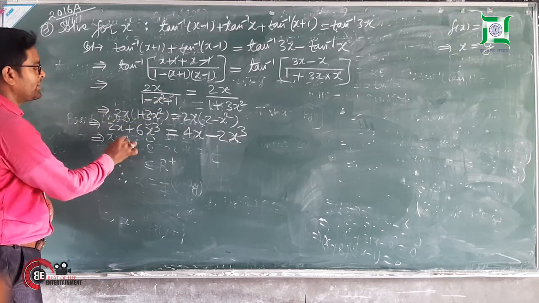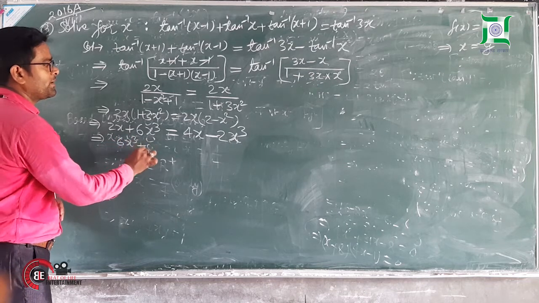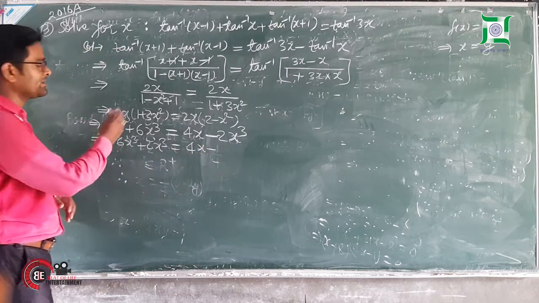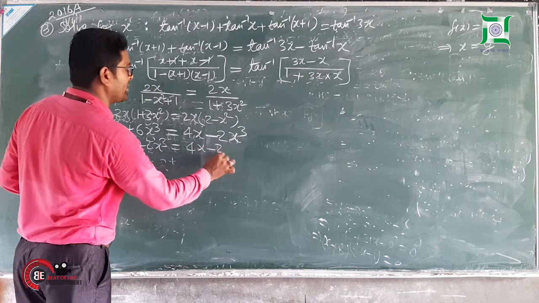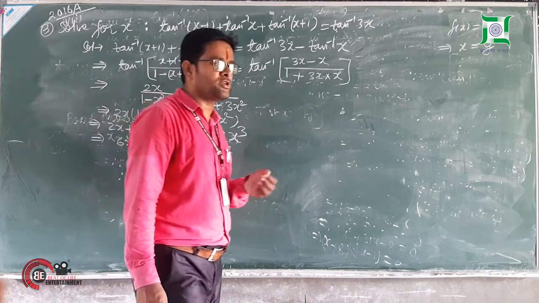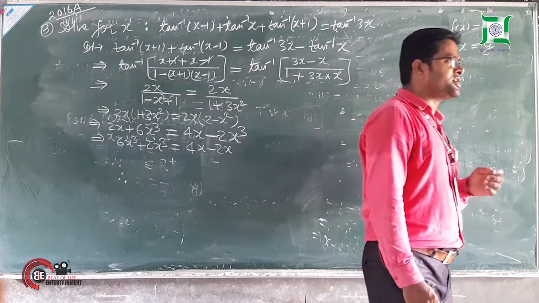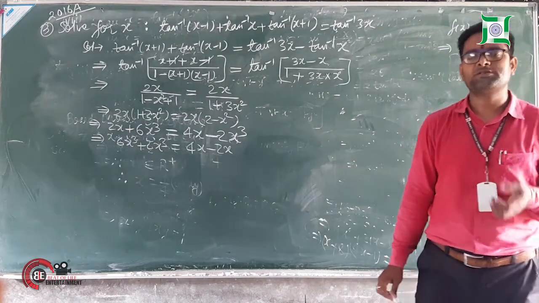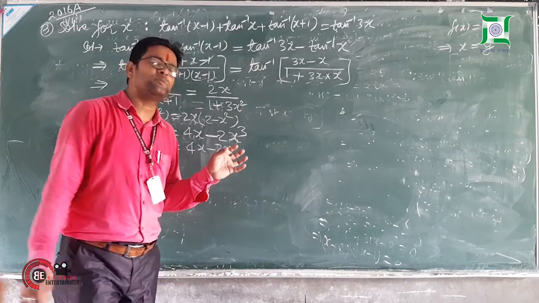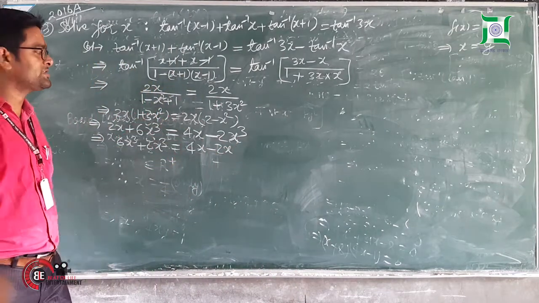Let us bring the cubes together and x together. It will be 6x cube plus 2x cube is equal to 4x, and bring this 2x that side, it will be minus 2x. This method is known as transposition. You must have studied it in your junior classes. Changing the signs of the terms is known as transposition, transferring the terms from LHS to RHS or RHS to LHS.